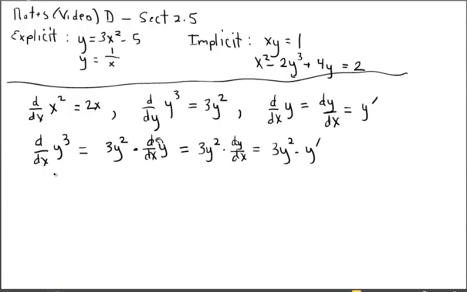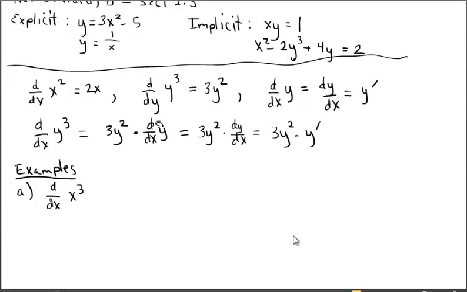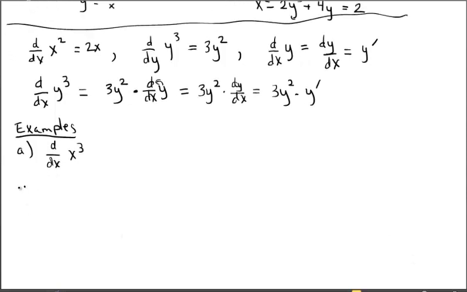All right, before we jump into some problems, let's continue practicing this kind of notation. Okay, so I have some examples here. Actually, I'm going to go ahead and pause and write them all out.